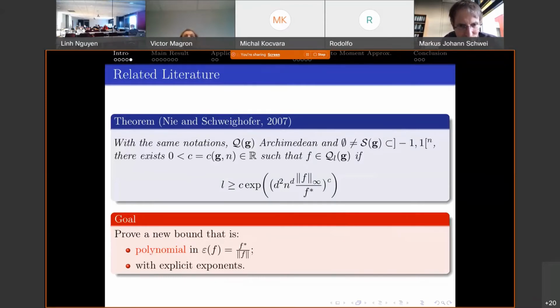That's why I wrote nevertheless the n to the d. All that makes sense. And yeah, this dependence on n can be very, very bad because it's also hidden in C in our result. So I think that this new result is much better, actually.